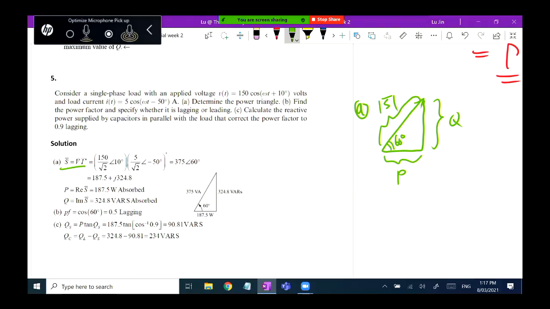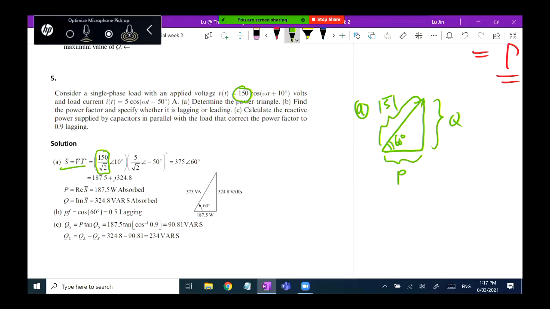Regarding voltage, you have been given the time domain cosine function. Just convert that to the root mean square phasor form of the voltage. Divide the maximum amplitude of the time domain cosine function by square root 2 to get the root mean square value, and that is used as the magnitude.